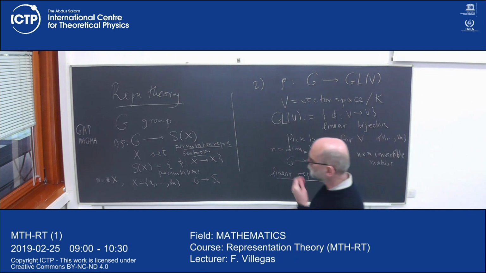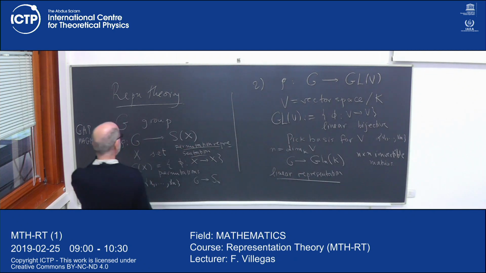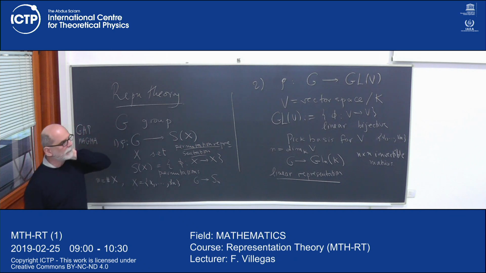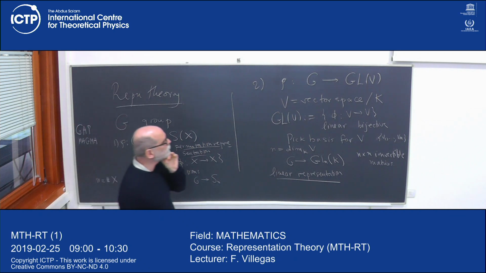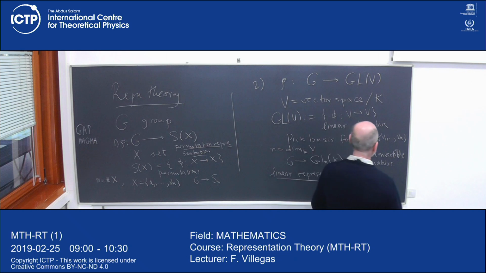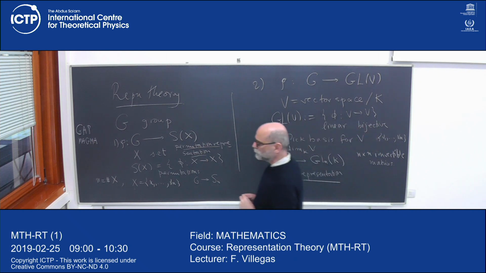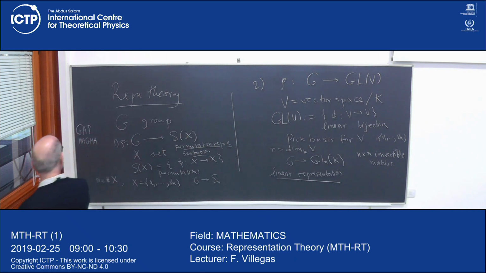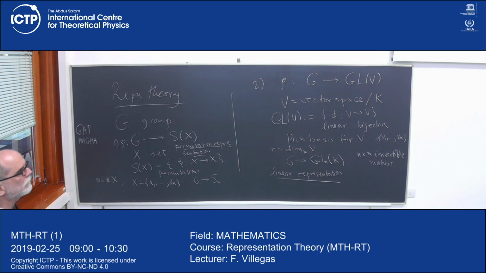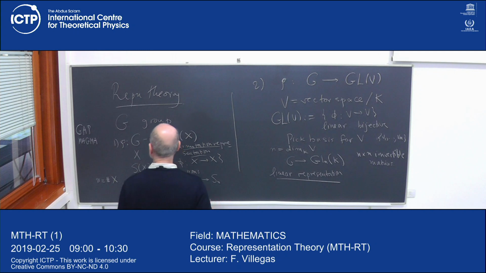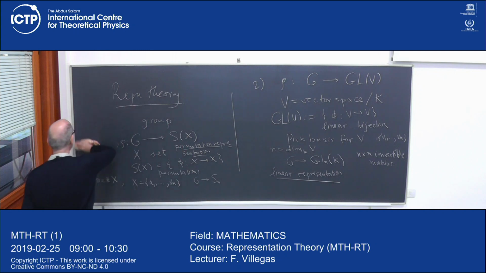So mostly we're going to consider the case where G is a finite group, X is a finite set, and V is a vector space of dimension n, and our field almost entirely would be something like the complex numbers. In any case, an algebraically closed field.